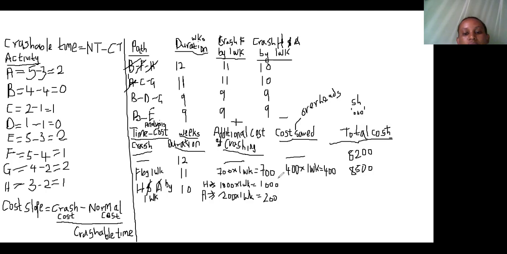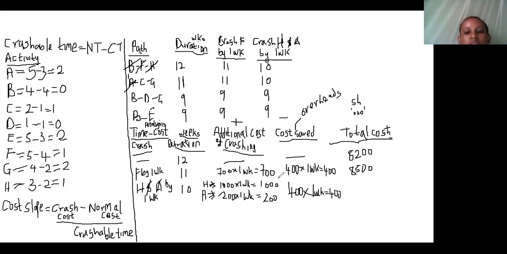For that 1 week, we can only save 400,000 because these two were crashed together, times 1 week. So we are saving an amount of 400.